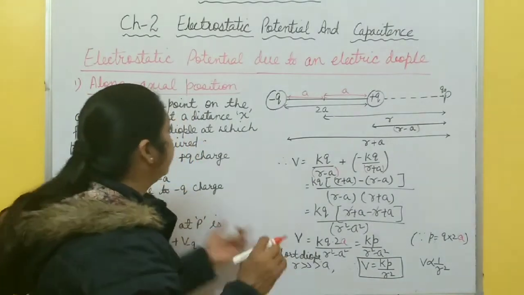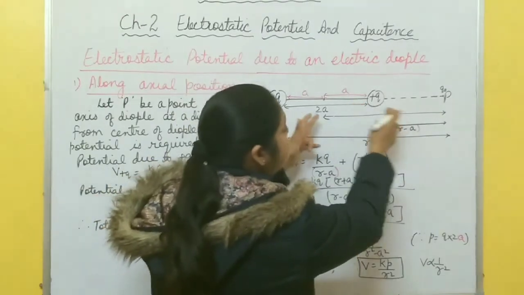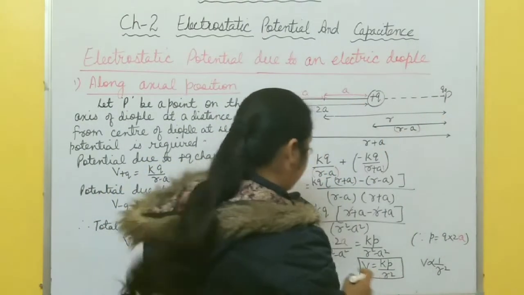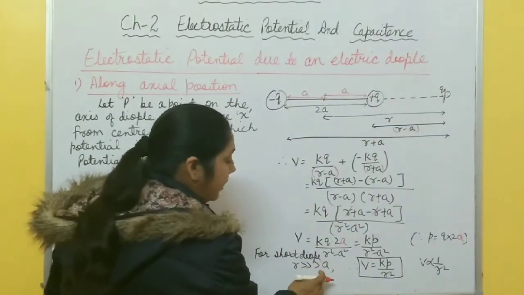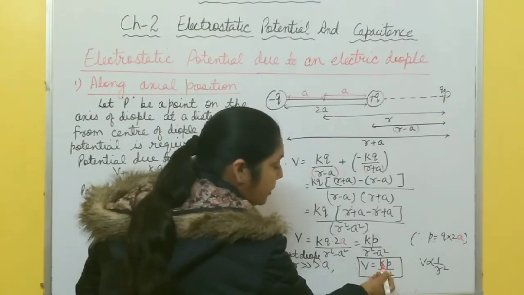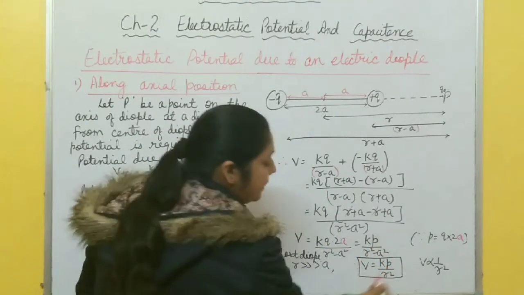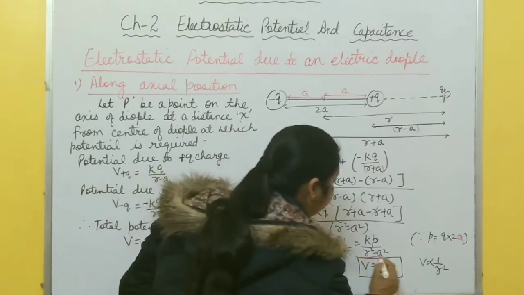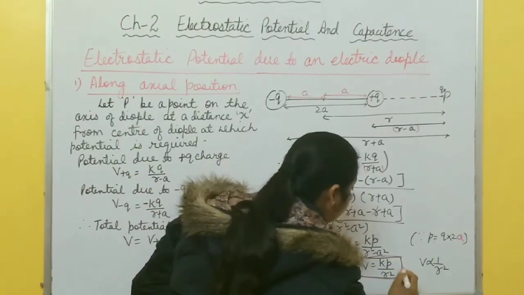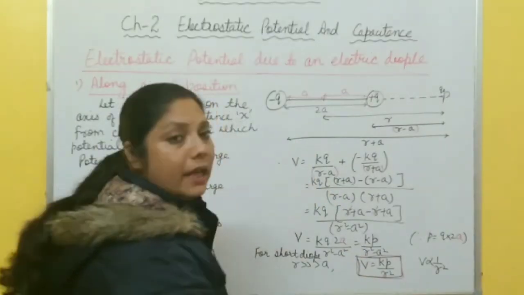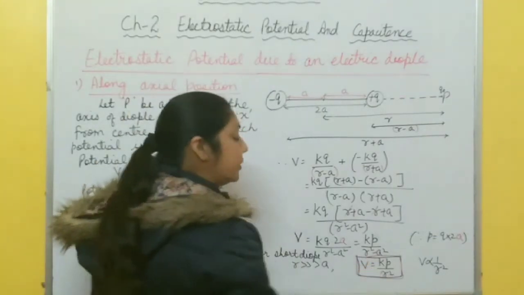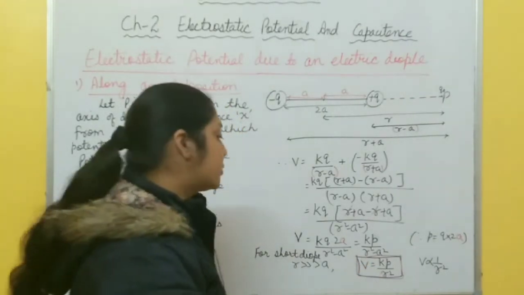For a short dipole, the distance a is very small in comparison to r. For r greater than a, you just neglect a square and the potential becomes kp by r square. This is the final expression for potential for a short dipole along the axial position: V equal to kp by r square.